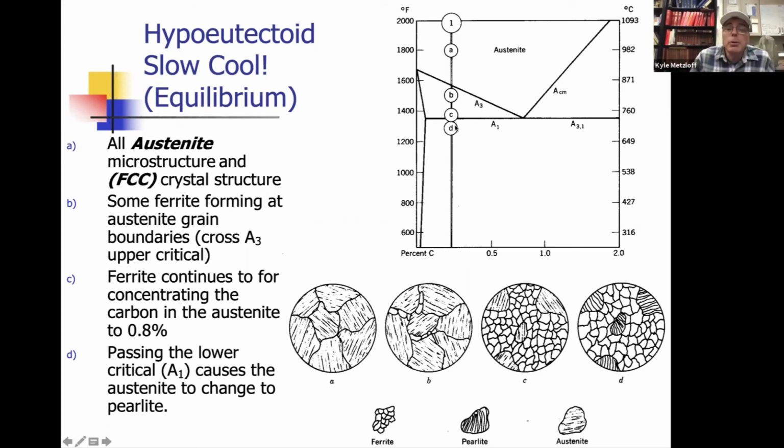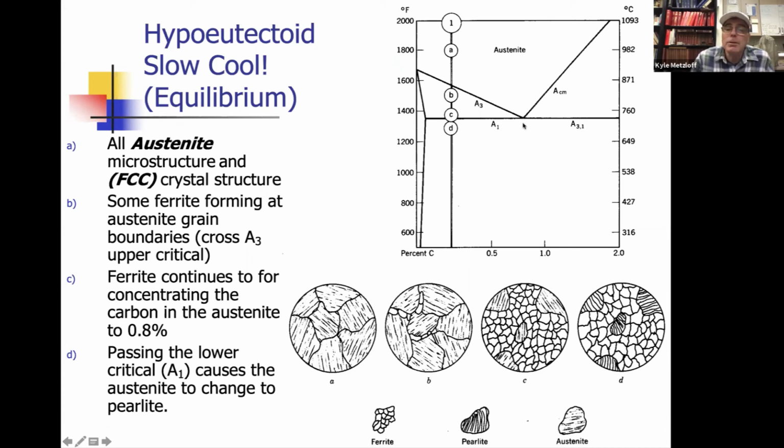So as we go to point C, we've formed as much ferrite as we can, and the concentration of carbon in these little areas over here has reached 0.8%, magically. So really what's going on is the composition of this region right here is at this low point here, okay?